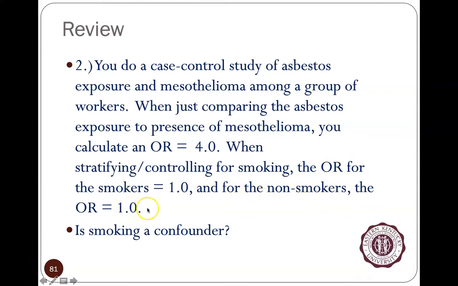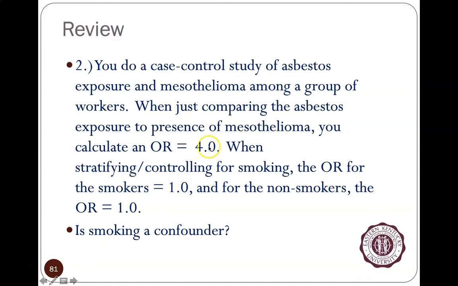So is smoking a confounding variable? So when we adjust for smoking, there's no relationship between asbestos and mesothelioma in this example, and there's no relationship between asbestos and mesothelioma for the non-smokers. But it was 4.0, now it goes to 1.0 and 1.0. Is there a confounding? Absolutely.